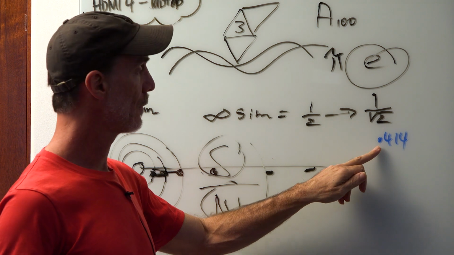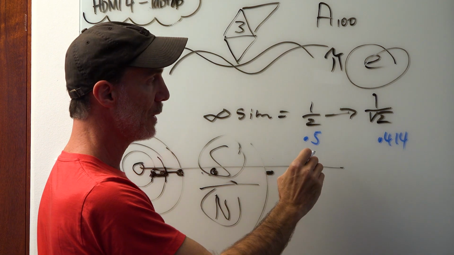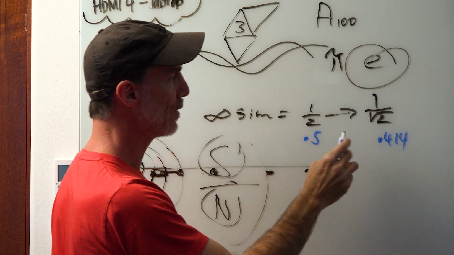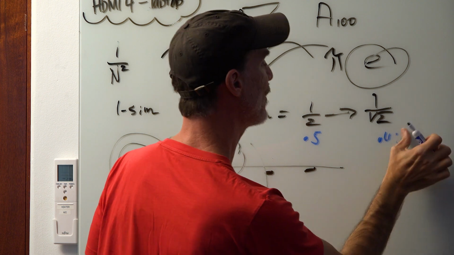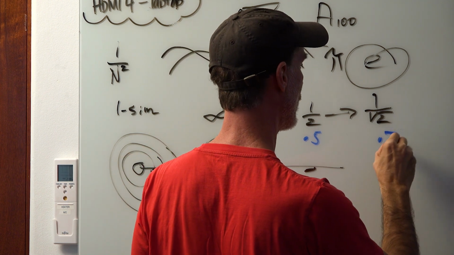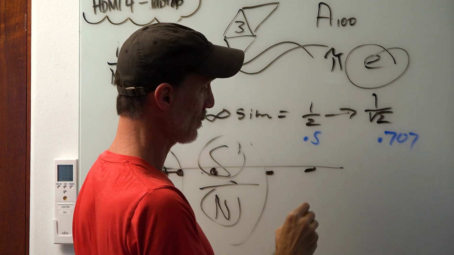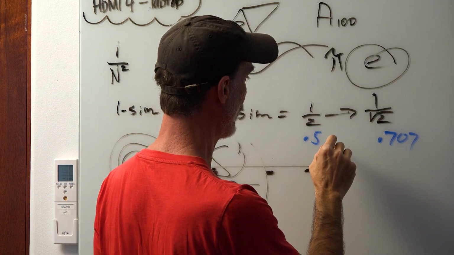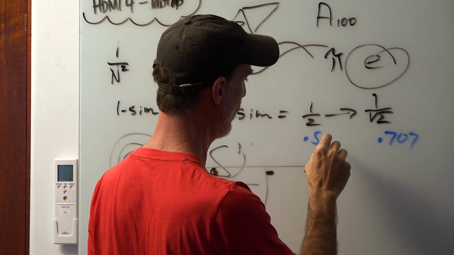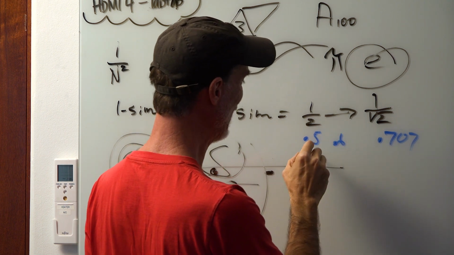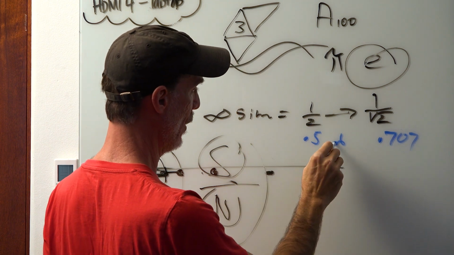Okay. So 1 over square root of 3. It should be larger. Oh, I'm sorry. This is 0.707. So you mean 0.6. So we got 0.6 from number 3 to number 4.